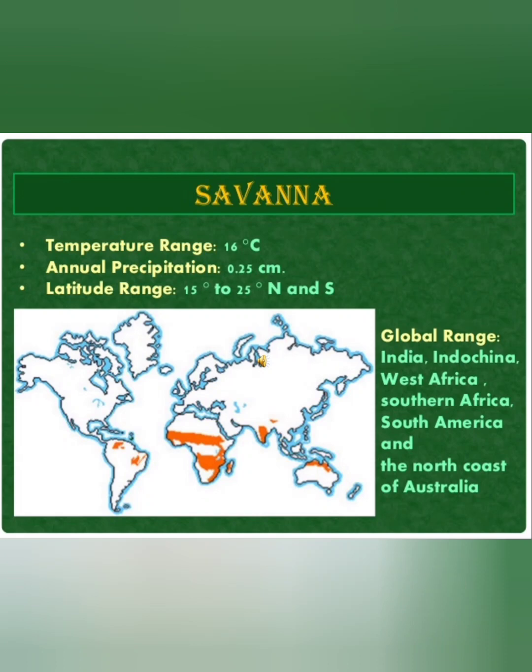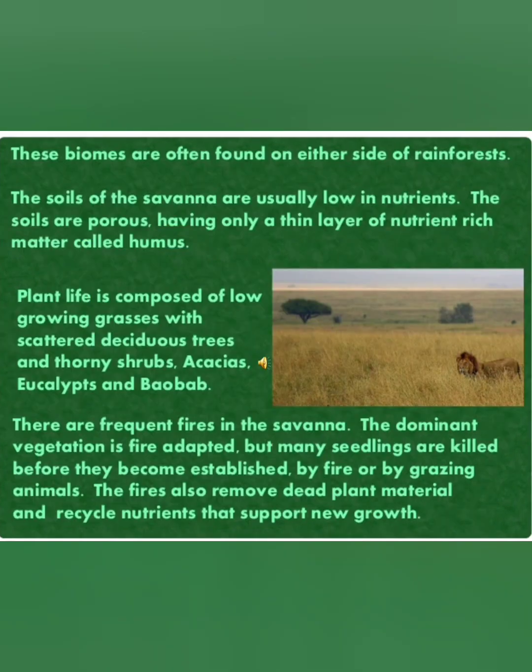Point 5. Global range: India, Indochina, West Africa, South Africa, South America, and the north coast of Australia. These biomes are often found on either side of rainforest.